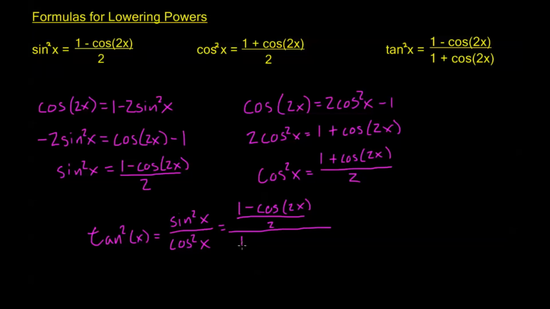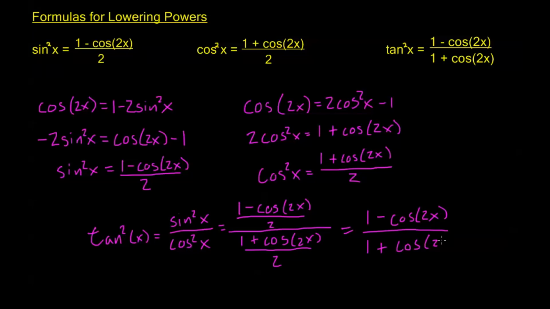And my cosine squared is 1 plus cosine 2x all over 2. So our 2's cancel here, and this resolves down to 1 minus cosine 2x over 1 plus cosine 2x. Exactly what we want. Alright, so these are our formulas for reducing powers. Now let's take a look at an example that might utilize these.